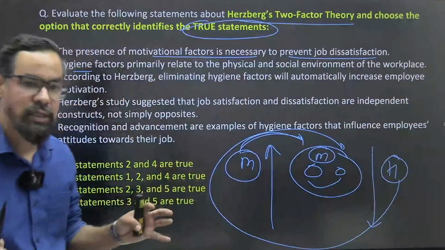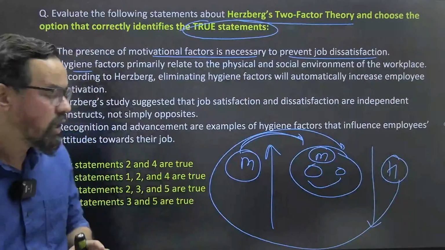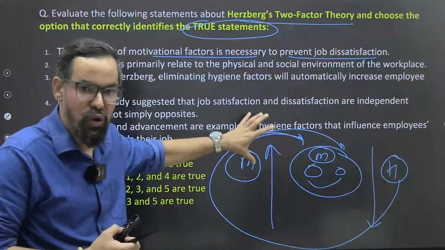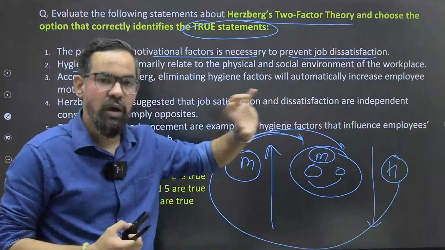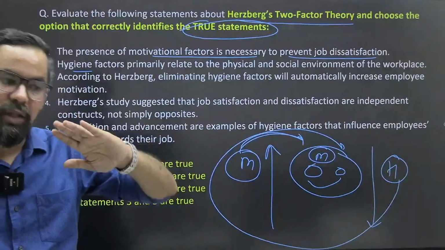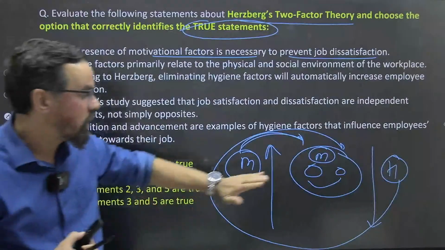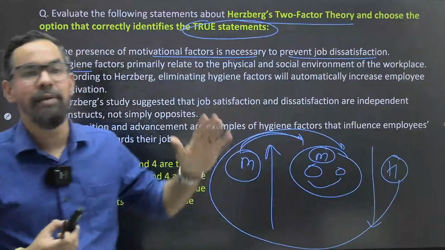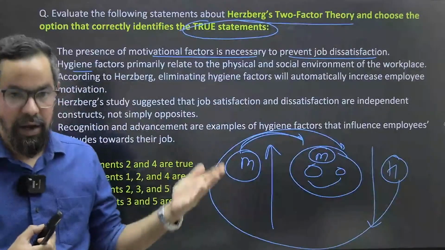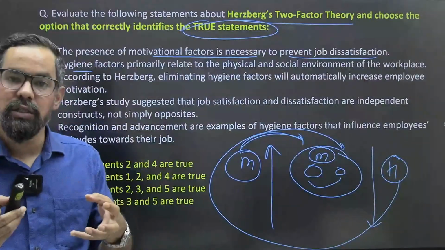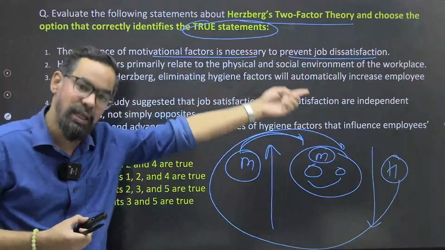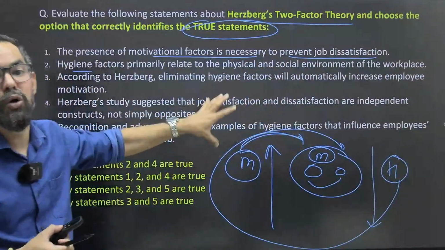If the salary is fair and company policies are fair, then it can indirectly motivate people. They might motivate or they might not, so it depends on the employee. But if there is some lag in company policies or salary equity, that will become a dissatisfaction factor and demotivate employees.